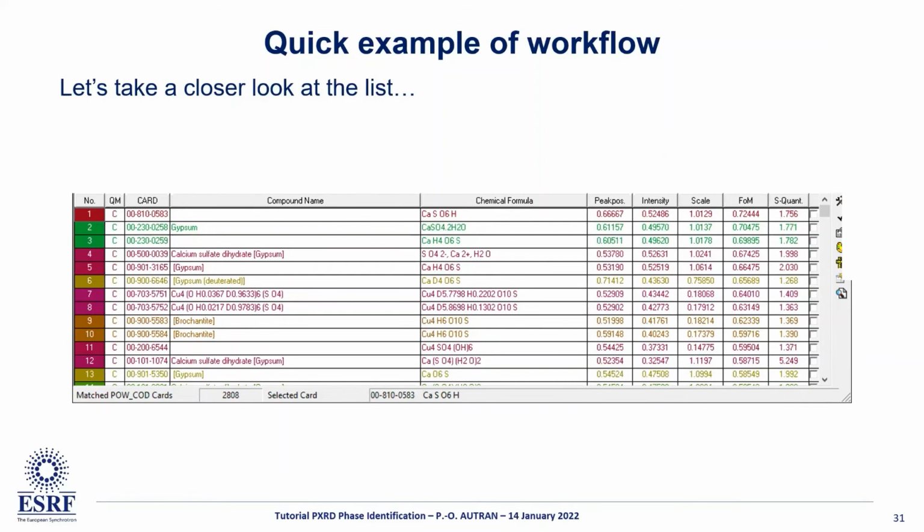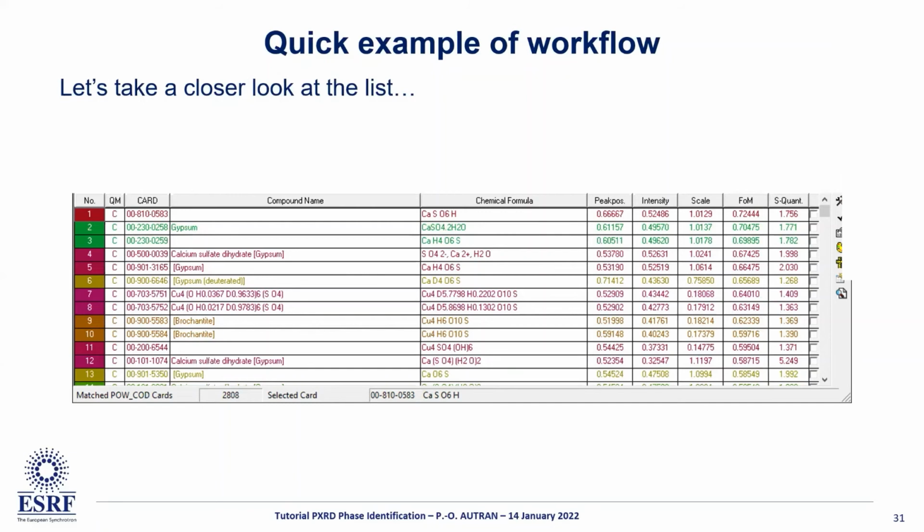You see that gypsum comes a few times. It's just because many people entered the same phase sometimes. So you have to guess which is the best. It's always a bit difficult, but usually it's okay. Here I can clearly see that I have a trend, it wants me to get gypsum.